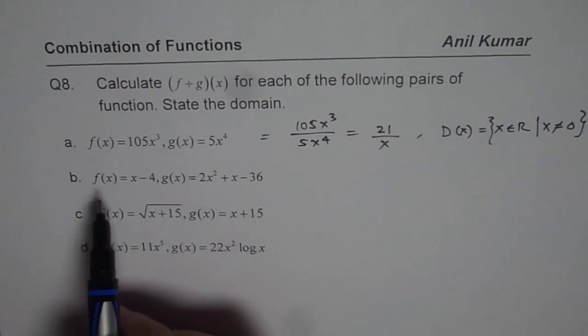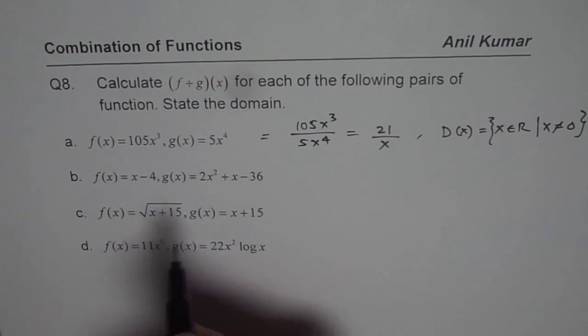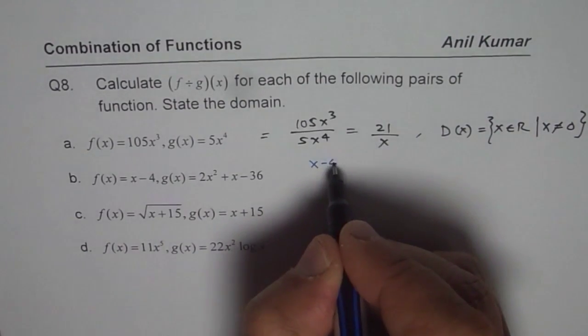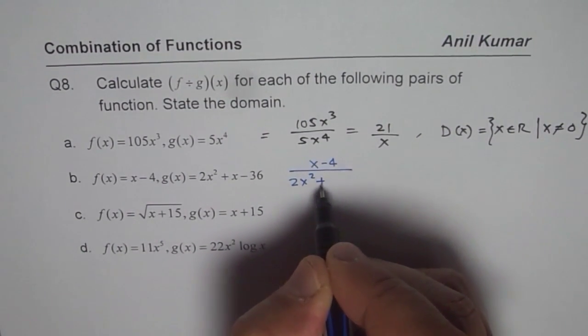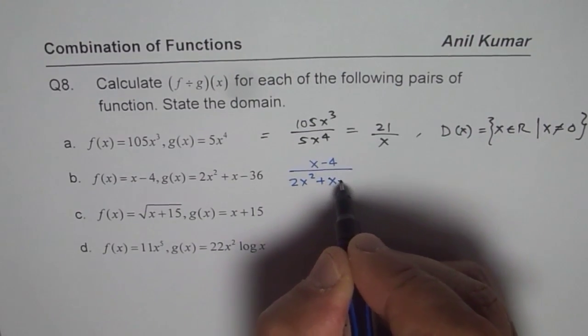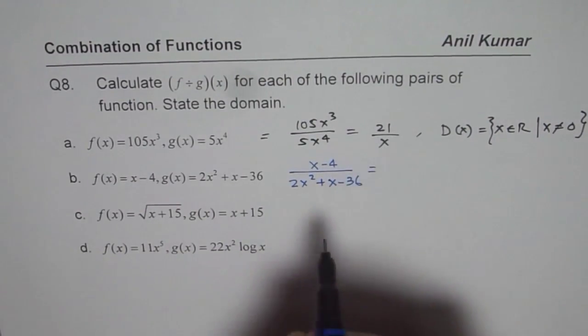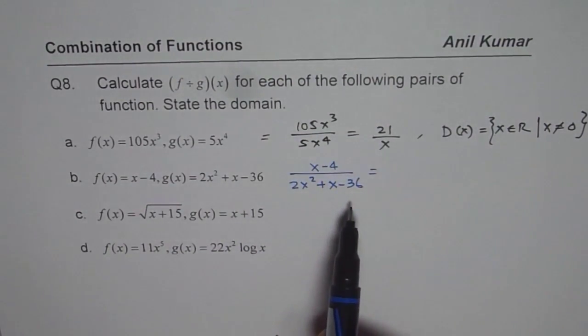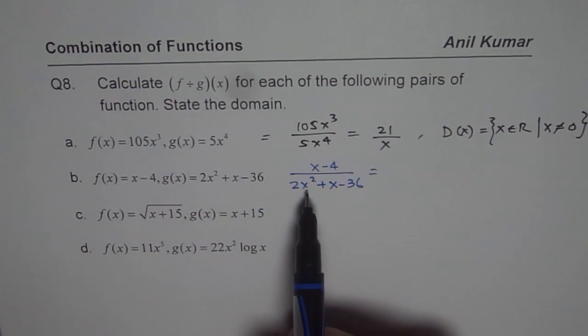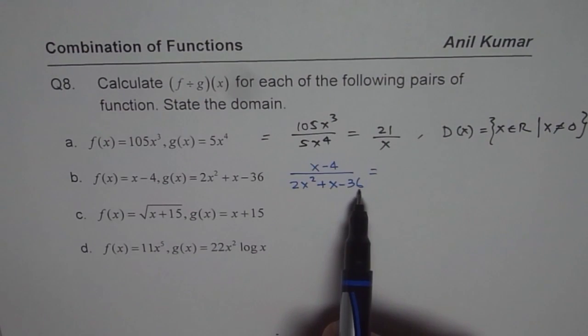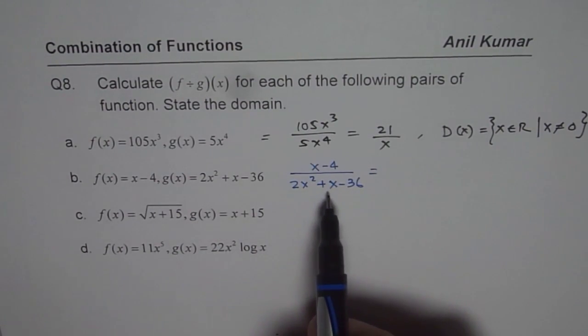For the second function, f divided by g will be x minus 4 divided by 2x squared plus x minus 36, right? So now what you can do here is factor the denominator. So we are looking for a product of minus 72 and a sum of 1, right?